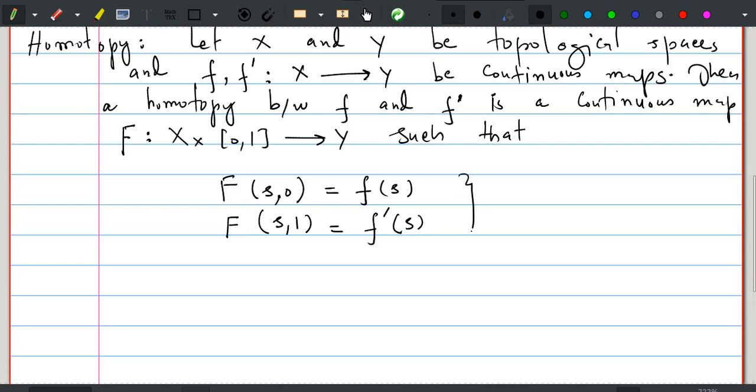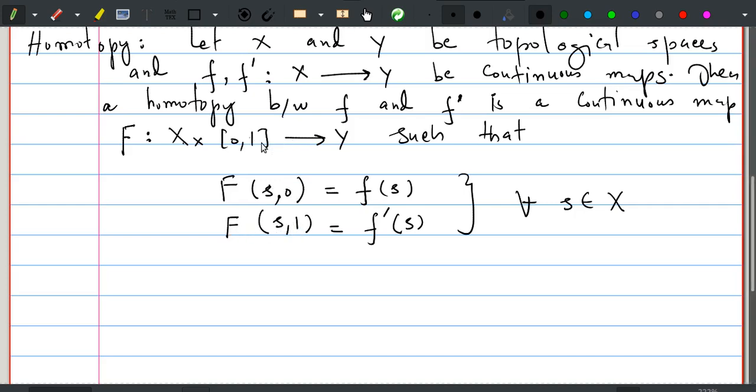So this is true for all s in X. Note that this s is from the space X and this 0 is from this interval [0,1], and this 1 is from this interval.